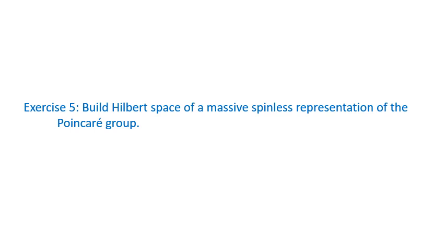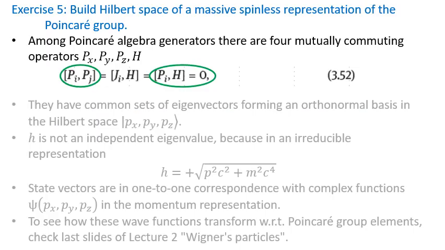In the last exercise, we'll construct the Hilbert space of a massive spinless representation of the Poincaré group. Please note that among Poincaré algebra generators, there are 4 mutually commuting operators, px, py, pz, and h.